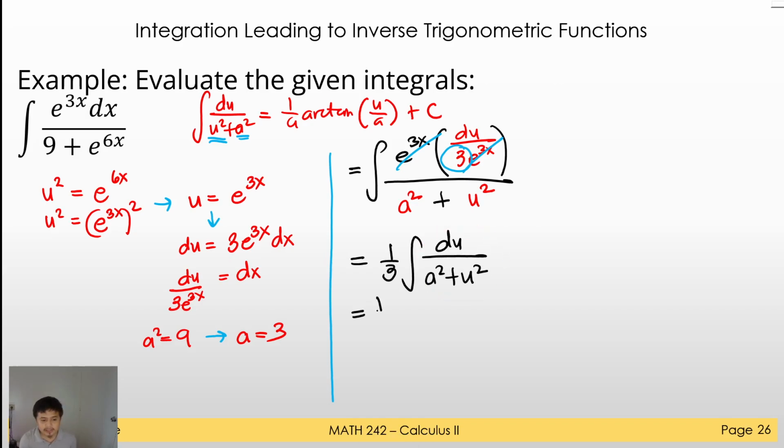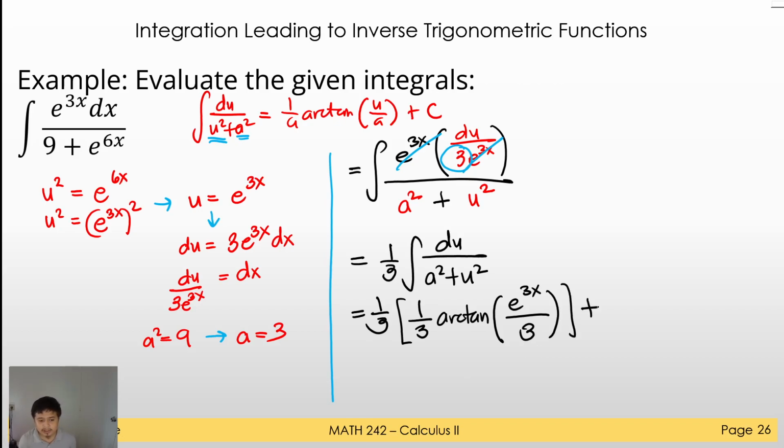The integral of this is, again, 1 over a arctangent u over a. So we have 1 over a, and a is equal to 3. So arctangent u over a, where u is equal to e raised to 3x, and a here is equal to 3, so 3 in the denominator.